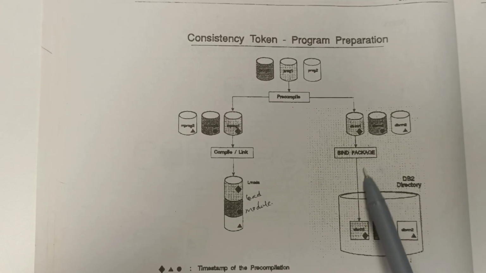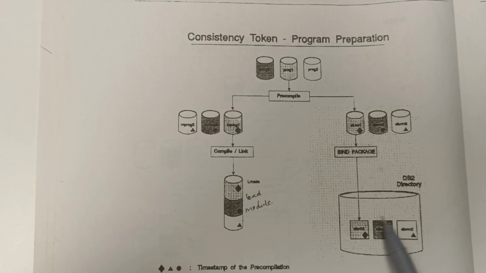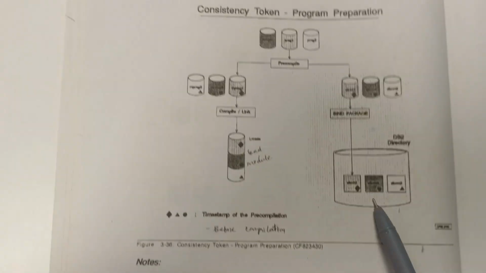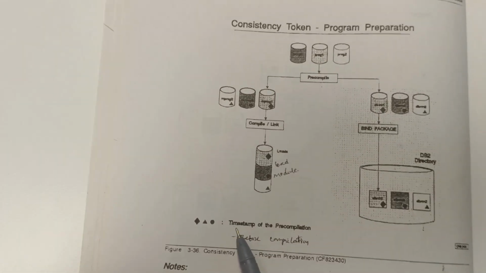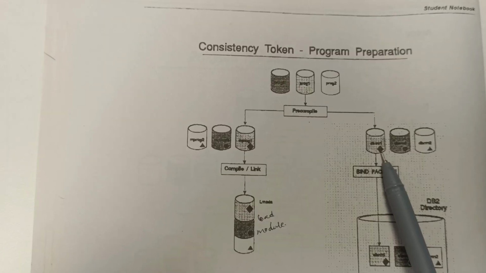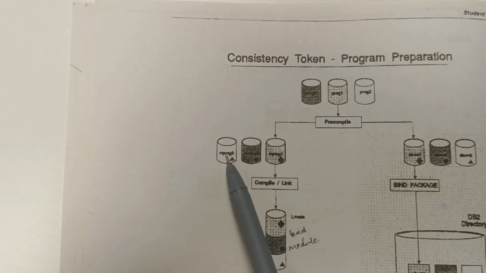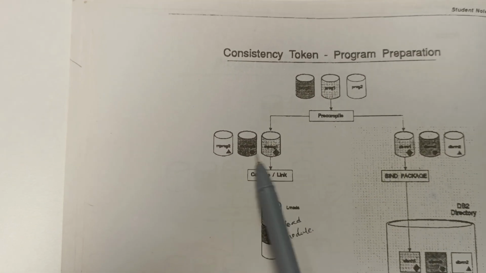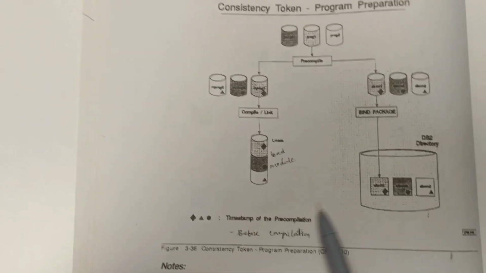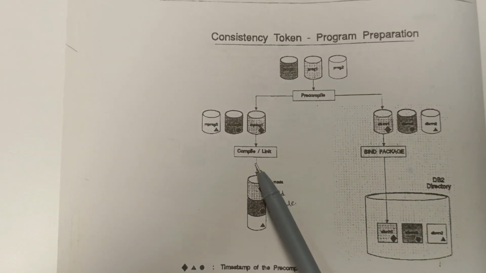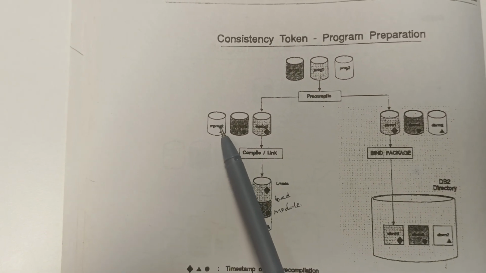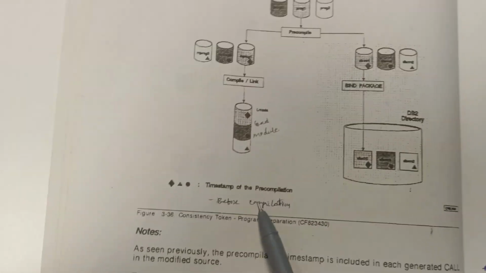Once we bind packages in the DB2 directory, the DBRM name will be stored, and for whatever symbol is inside for the DBRM name and corresponding program, the timestamp is created here. That is the symbol here. They are identified as this program having this timestamp.